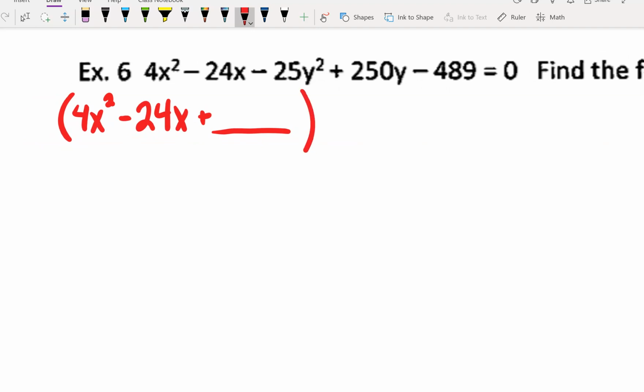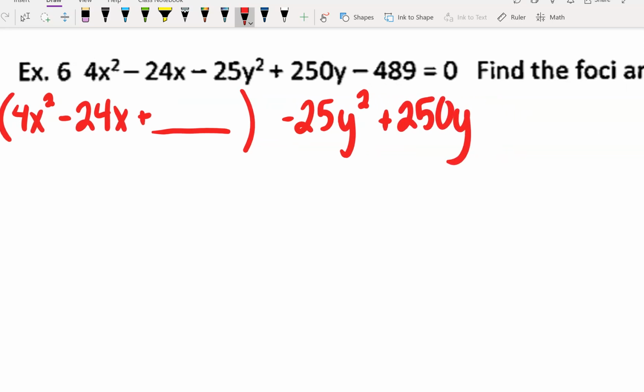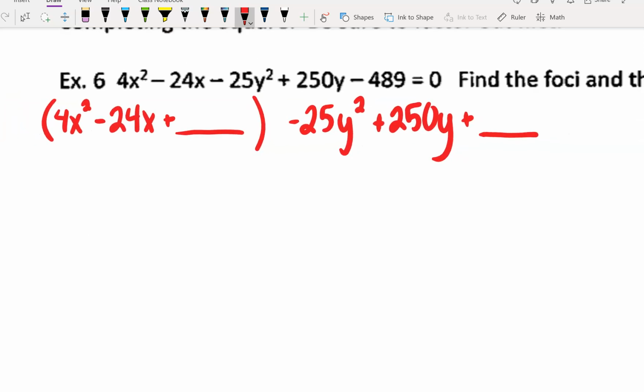And then we'll do the same thing with negative 25y squared plus 250y, plus blank, because we want to find the special number that's going to complete the square for that one.